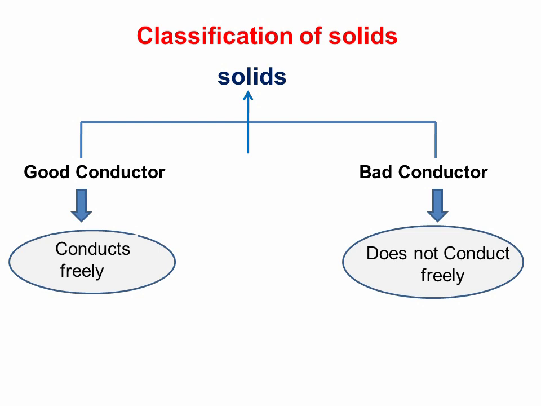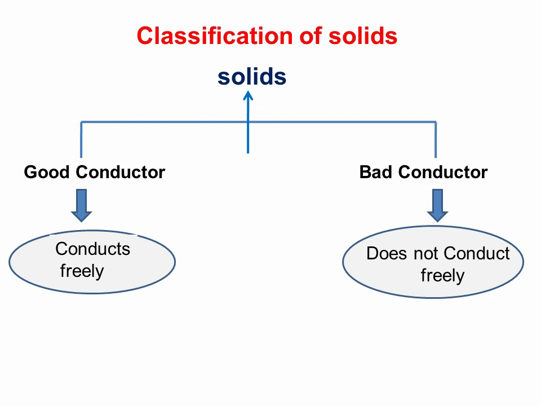The second one is bad conductor, means a substance does not conduct electricity freely, for example, rubber, plastic and wood.